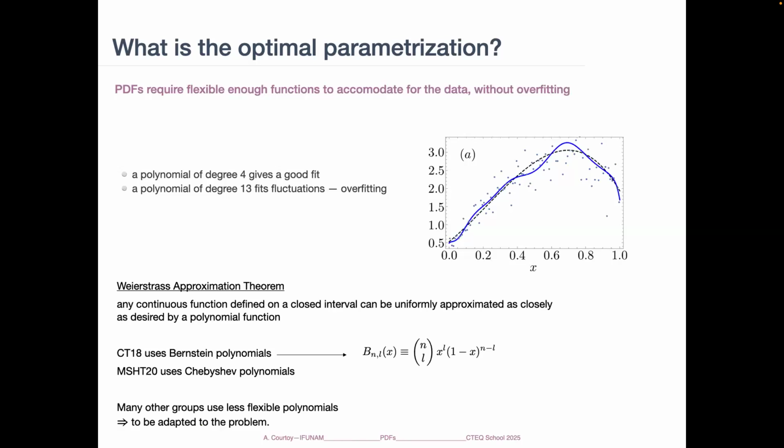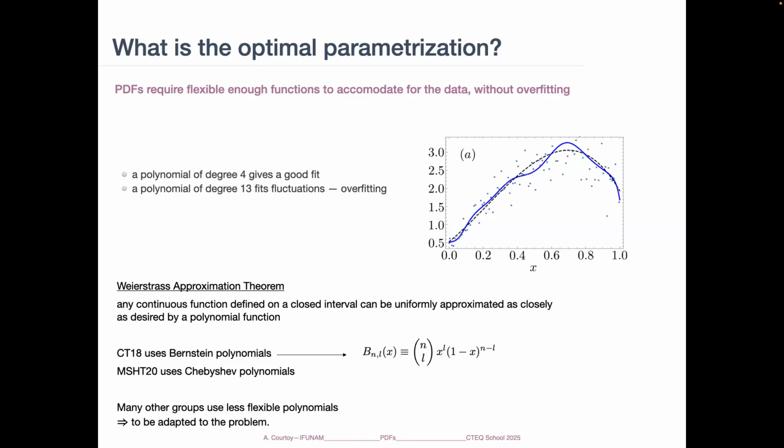And so the good question is, what is the optimal parameterization? It's difficult to define, but we need to have something that is flexible enough to accommodate the data, but that does not overfit and fit the fluctuations. So if you take this example, which sort of comes from Pavel, you have a lot of points here, and you try a degree 4 polynomial, a simple one, and you see that you get this dashed curve, which seems to describe the data quite well.